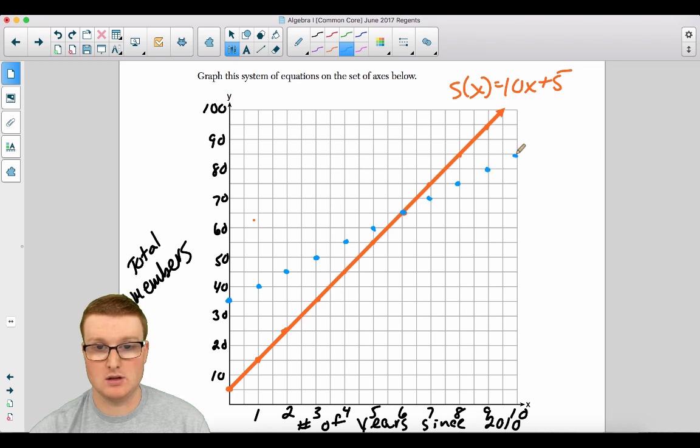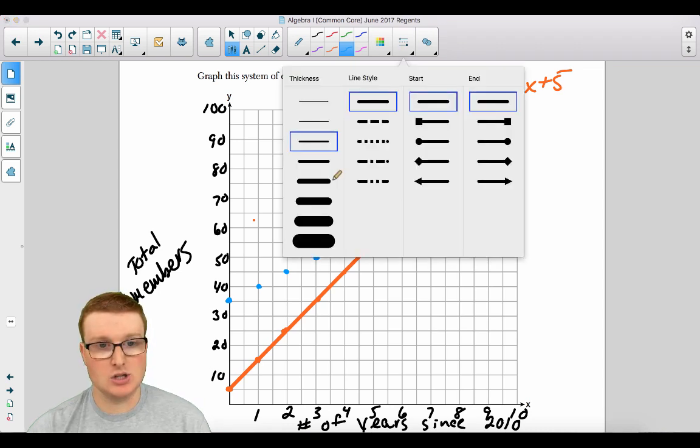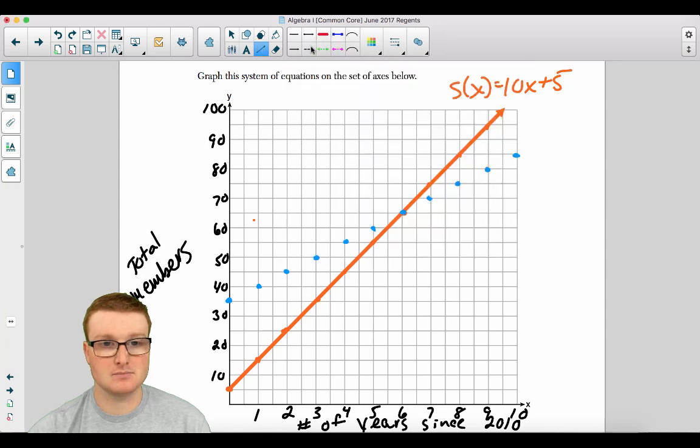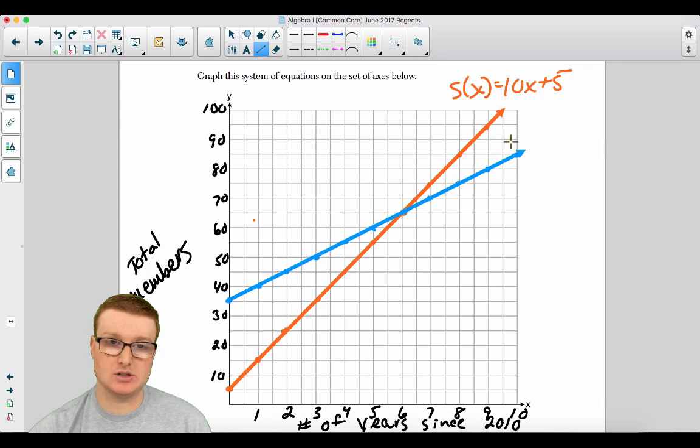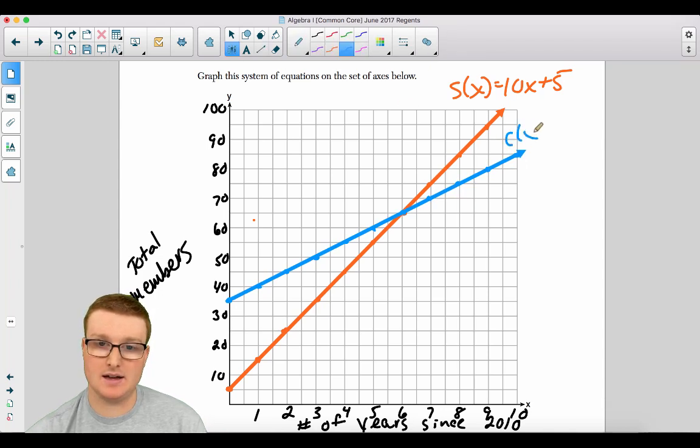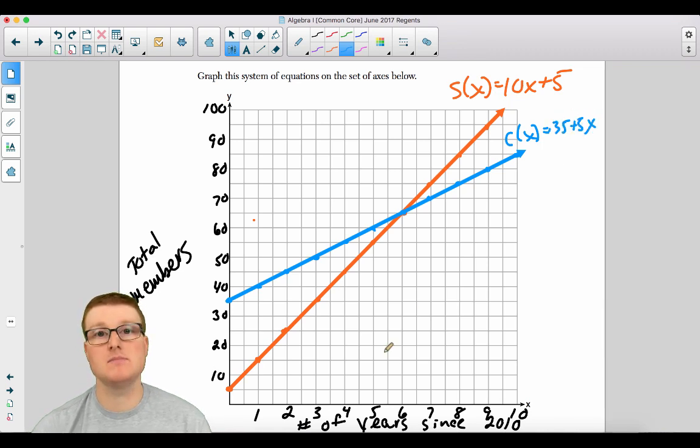That's the chorus, c of x equals 35 plus 5x. We just graphed it. That's all we need to do.